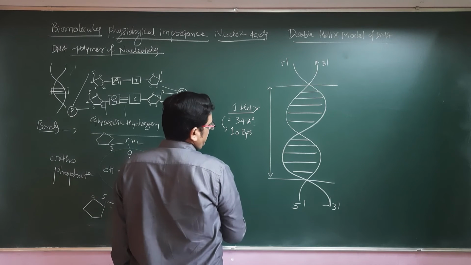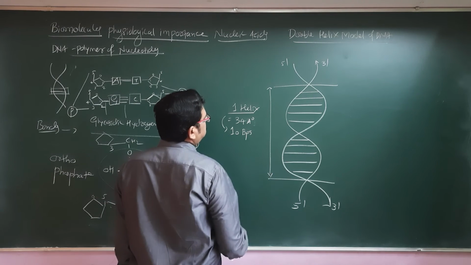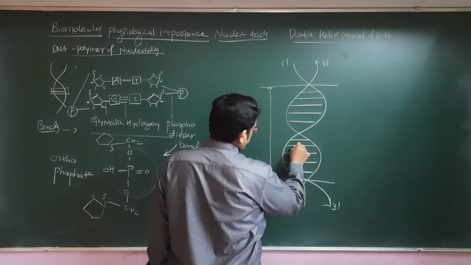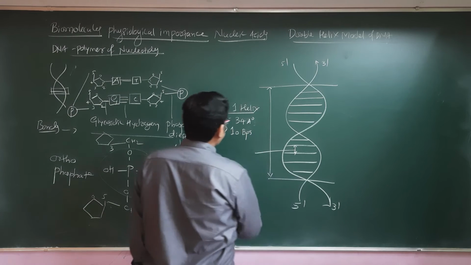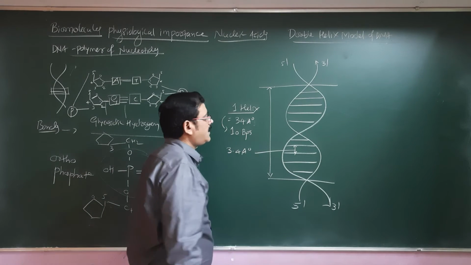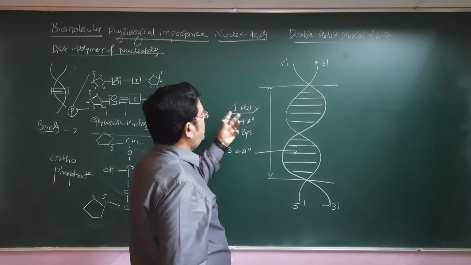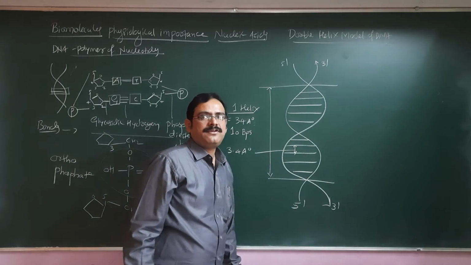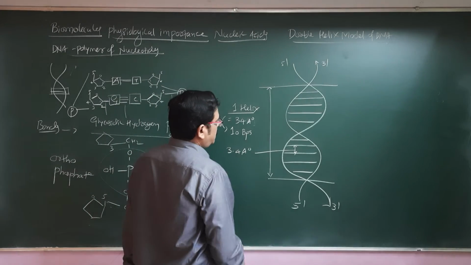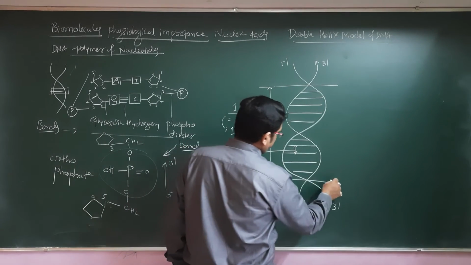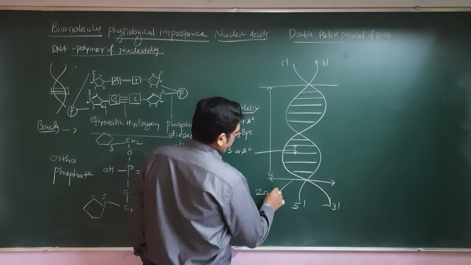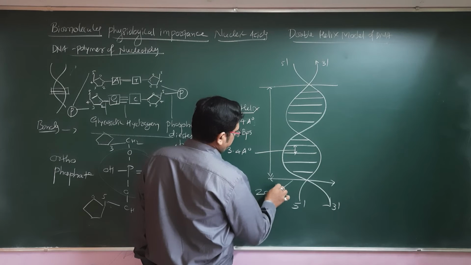BPs means base pairs. Now this entire length is 34 angstrom, and the distance between base pairs is 3.4 angstroms. The 10 base pairs rotate through a 360-degree angle. One more important thing is the diameter of the DNA, which is 2 nanometer or 20 angstroms.